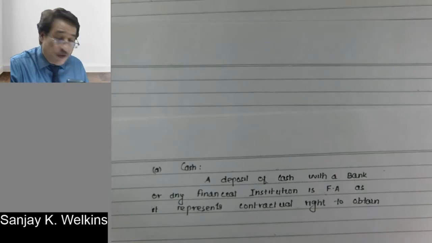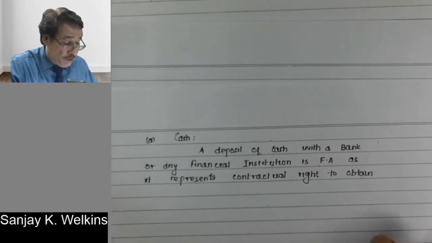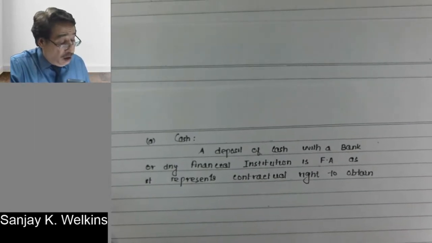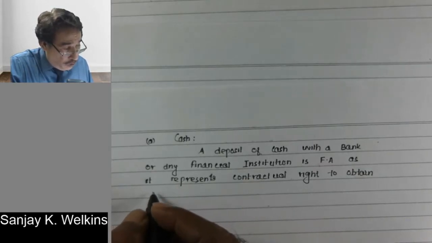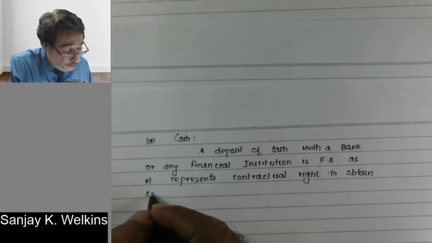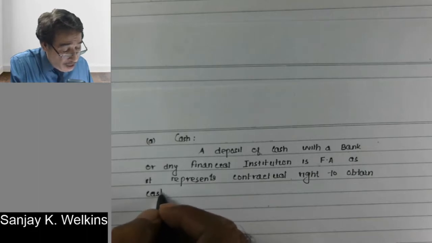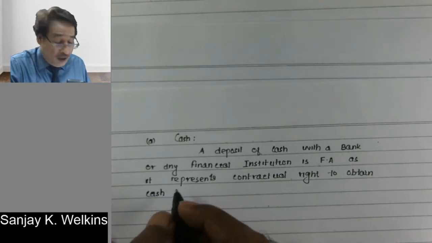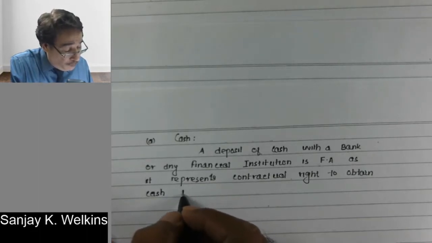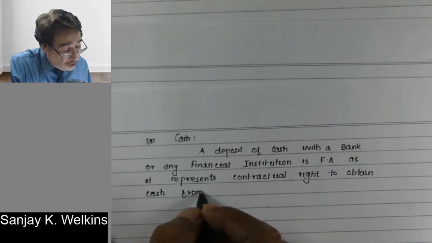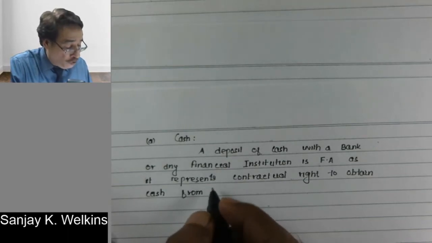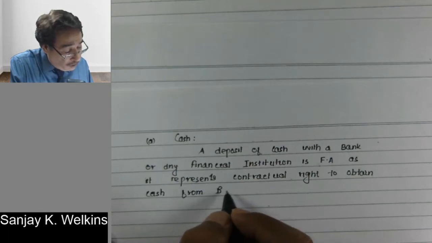There's a difference between receive and obtain. Obtain means we have the right to take it back. A contractual right to obtain cash from the bank. If I have deposited cash in the bank, I have every right to claim that cash. So it represents a contractual right to obtain cash from the bank, so it is a financial asset.